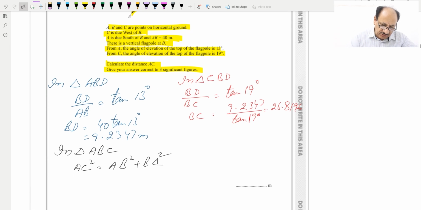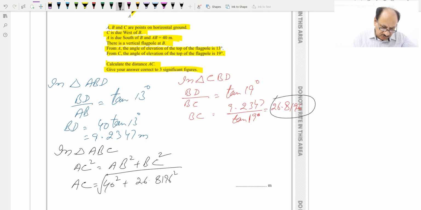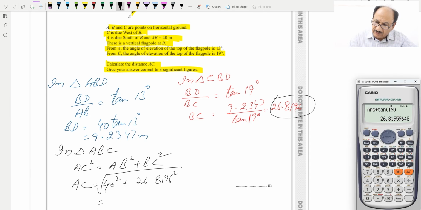AC we need to find. So AB is 40, so we can write 40 square plus BC, we just calculated this one, 26.8196 square, and we can take the square root here and find AC.